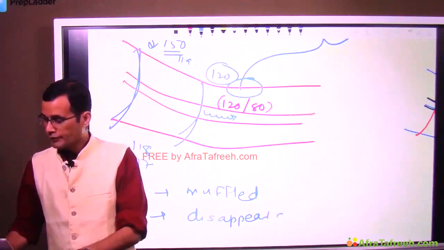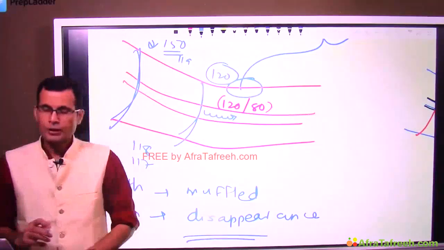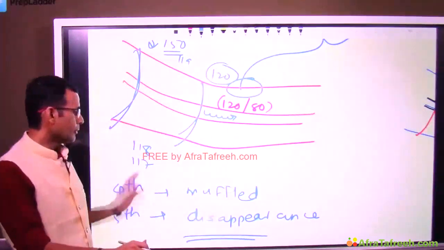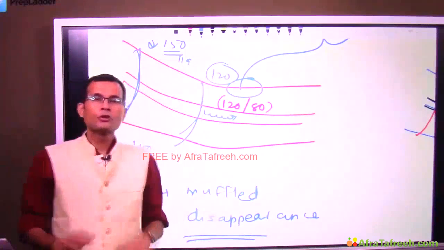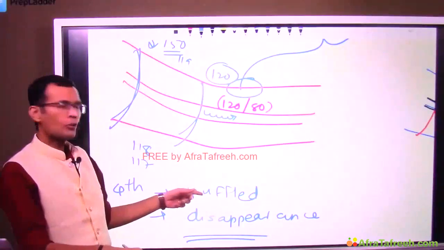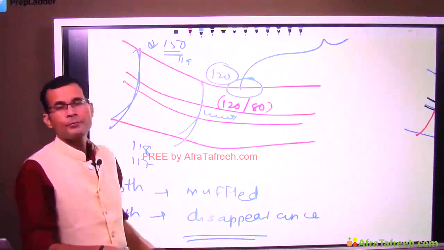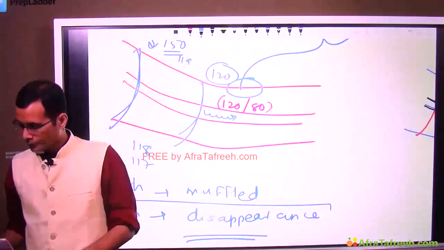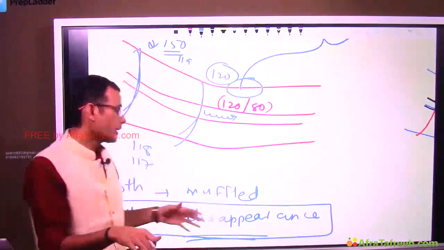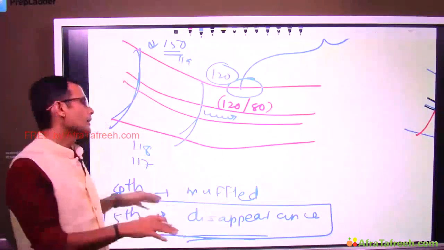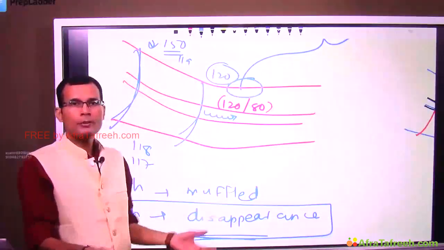So which one should correlate well, the fourth phase of the Korotkov sounds or the fifth phase? Look, disappearance of sound is most easily recognized, and therefore the fifth phase is taken universally as the diastolic blood pressure.